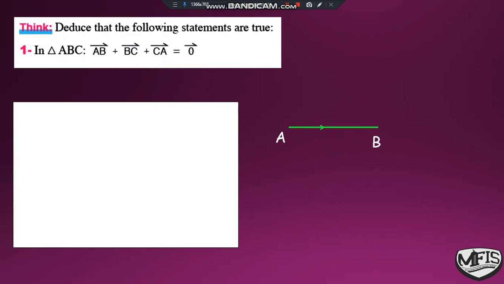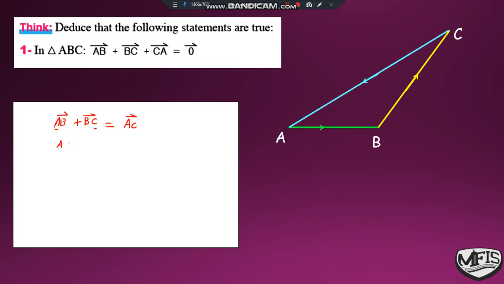Deduce that AB plus BC plus CA equals 0. If we have a triangle, AB plus BC plus CA equals 0. Because AB plus BC, from the triangle rule, I take the start and the end, so it equals AC, and AC equals negative CA.